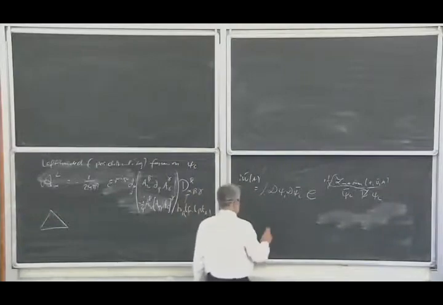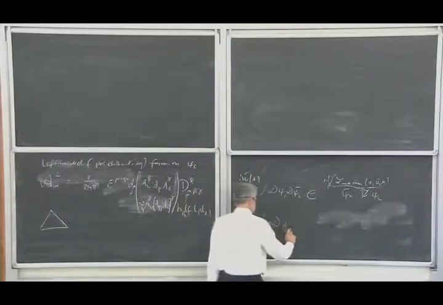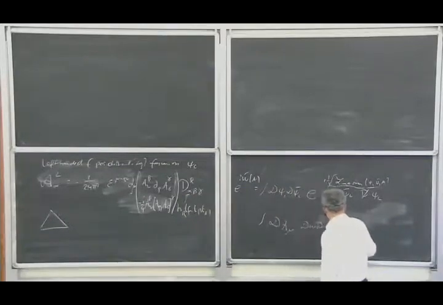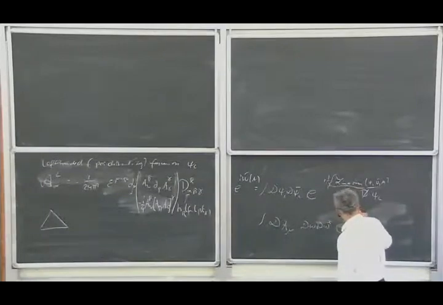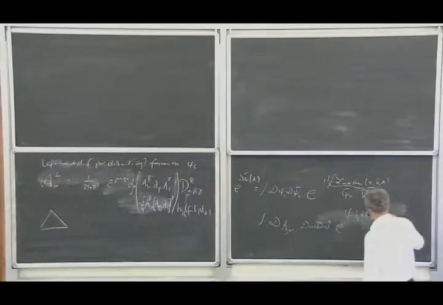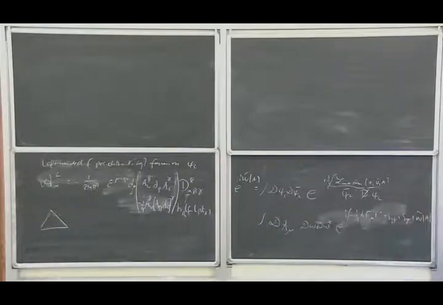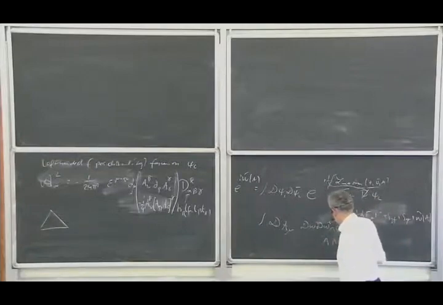Okay, so then I will have to deal with all the stuff of the A's and the ghosts and the anti-ghosts. e to the i, here I get a minus a quarter trace F mu nu, and the gauge fixing, the ghosts, and here I have my W tilde of A. Okay, and then of course, depending on what you do, you insert here whatever A to compute n-point functions of the gauge fields.